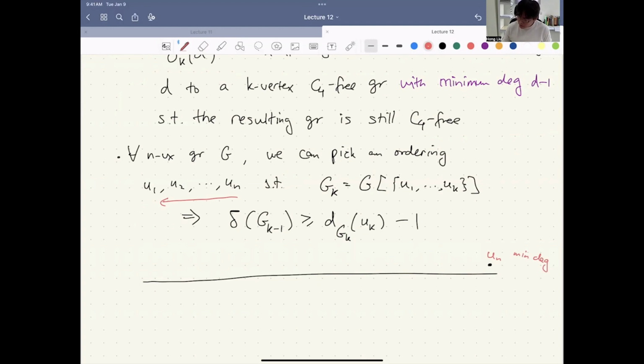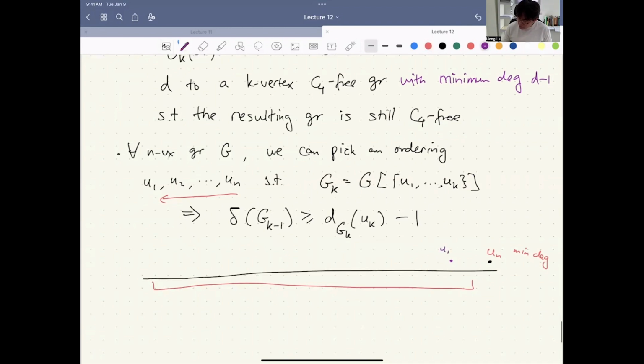In the remaining graph, you pick UN minus 1, which is the current minimum degree vertex. So on and so forth. So this is UK that you pick out. Then inside here, you pick a minimum degree vertex, UK minus 1. Now, why is this true?